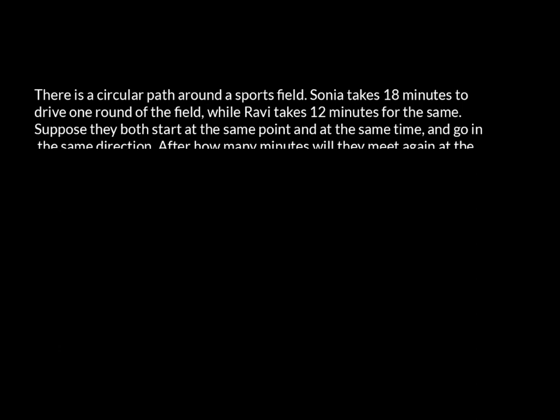So time taken by Sonia to drive one round of the field is 18 minutes. Time taken by Ravi to drive one round of the field is 12 minutes. So let's figure out what is the LCM of 18 and 12.